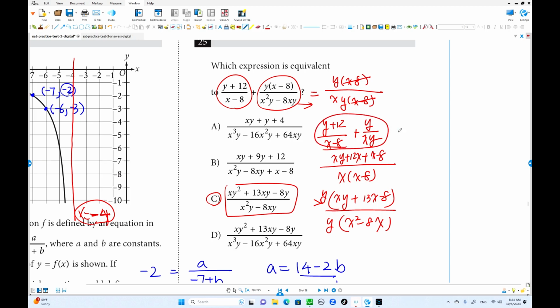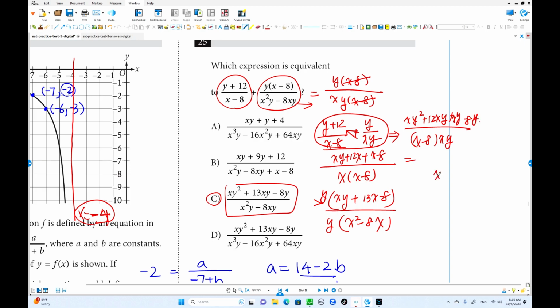So this one you can leave as is. From here you can find the common denominator, right? x minus 8 and xy over xy times this one, okay? xy times this one, xy squared plus 12xy, and y times xy minus 8y.